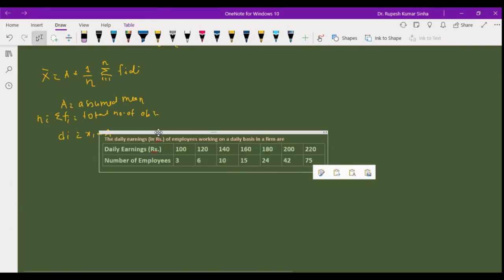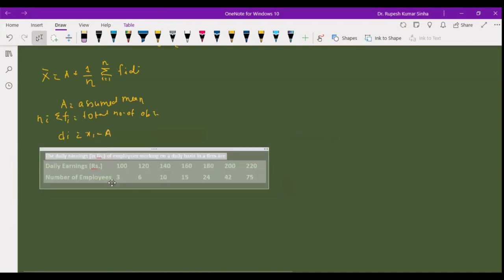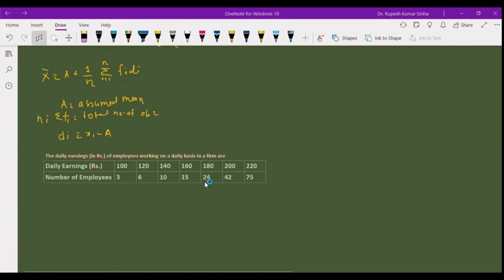So here we have got a problem and we have to find out what is the average daily earnings for the employees. The average daily earnings of the employee is equal to what?